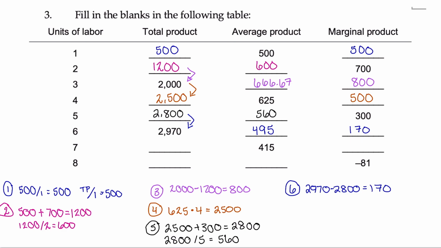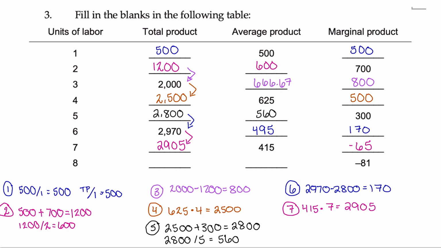For our 7th unit of labor, we know that our average is 415, so 415 times 7 will give us 2,905. From here to here, we see that we went down 65, so our marginal product is negative 65.